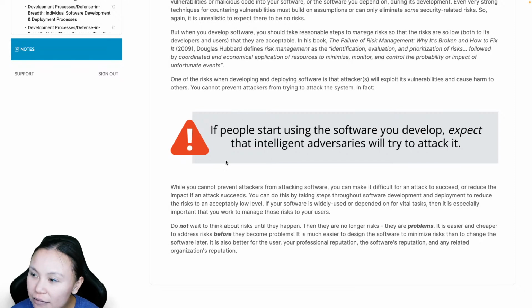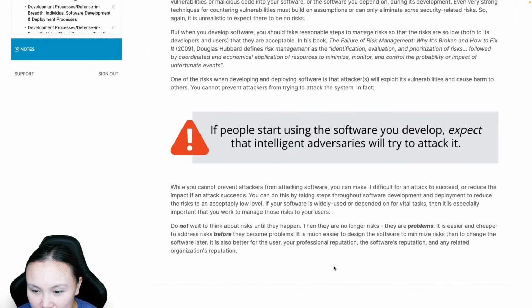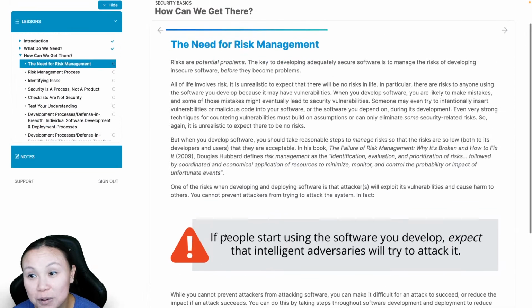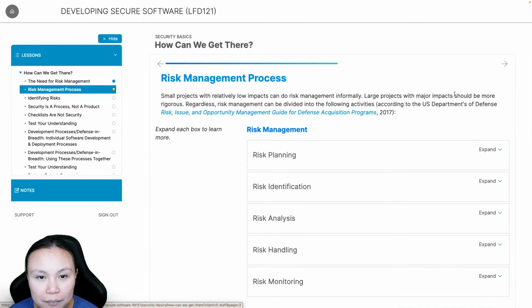That's why you have to identify it actively, rather than sitting there and waiting until it becomes a problem. Then you would have a lot of headaches. There are also a lot of consequences. Your professional reputation, the software's reputation, and your organization's reputation could be at risk. So we have to take this very seriously.